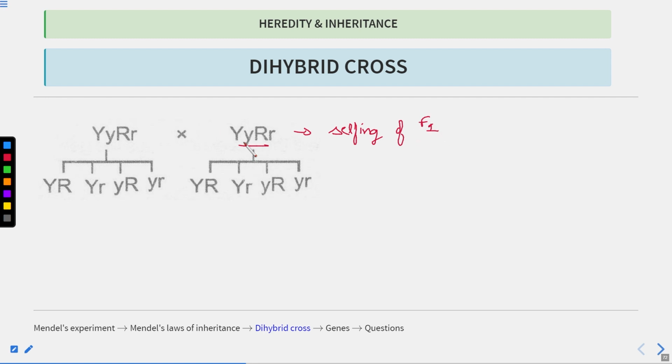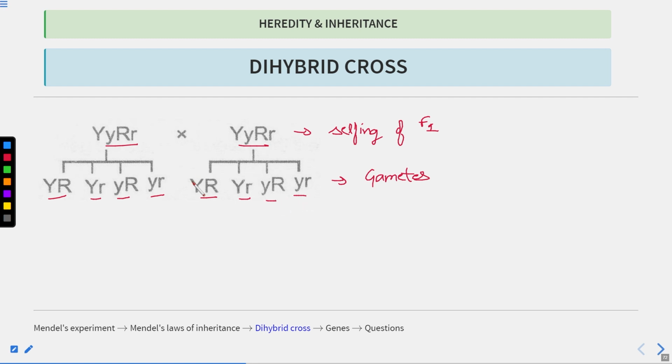So this was the F1 that was produced. It is selfed now. And these are the gametes produced by the parents. So what are the gametes? Capital Y capital R, capital Y and small r, small y and capital R, and small y and small r. Again here, the same gametes are produced.